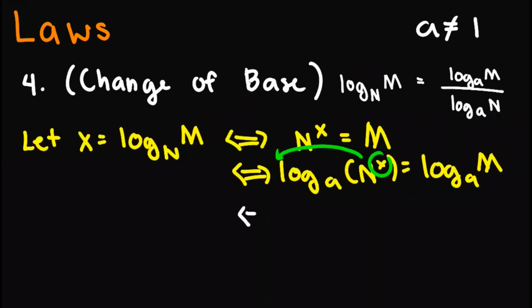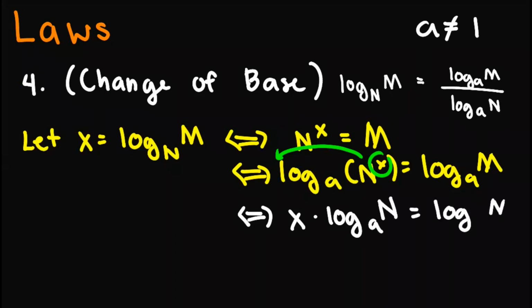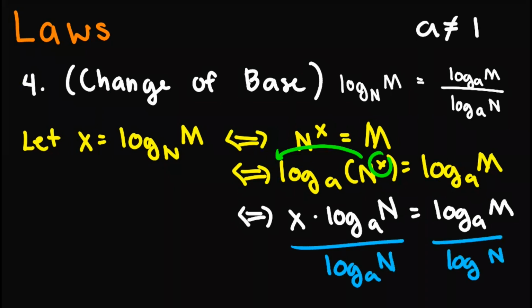So we obtain x times the logarithm of n with respect to base a, and this is equal to the logarithm of m with respect to base a. Lastly, we simply divide both sides by the logarithm of n with respect to base a to obtain our desired result.